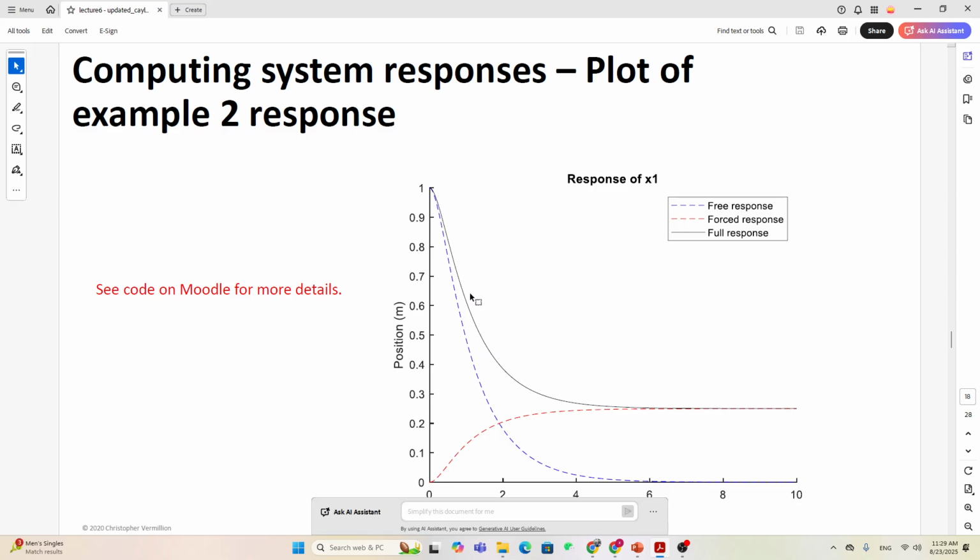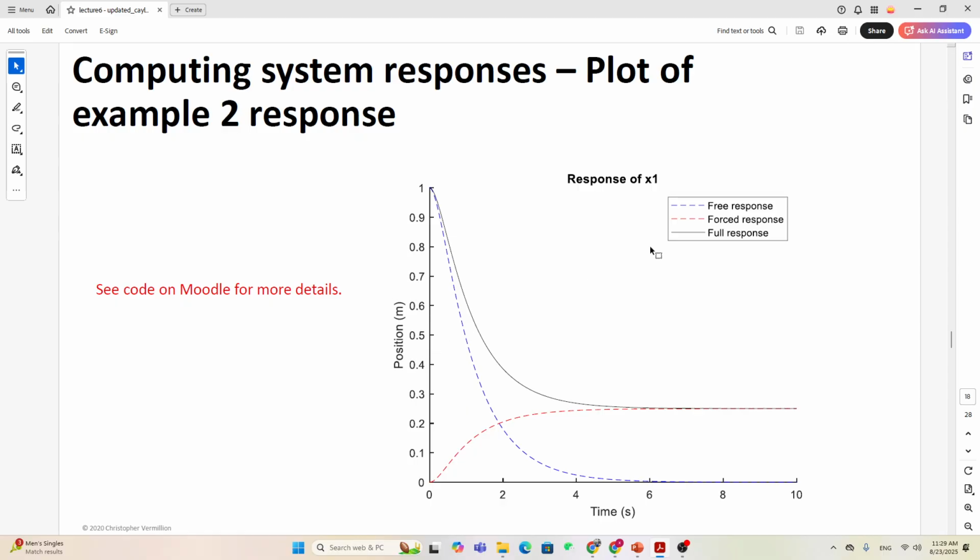As you can see, free response, because of the damping, should eventually converge to 0. But as for your forced response, since your force is a constant, it should eventually converge to a constant value, which is your position. This can be considered as a position for x1.